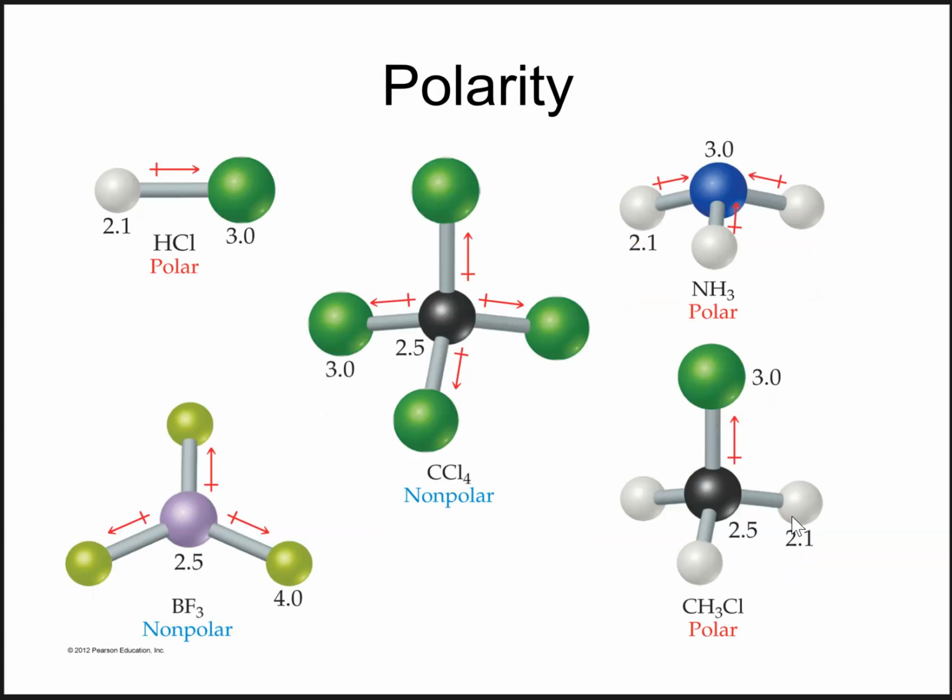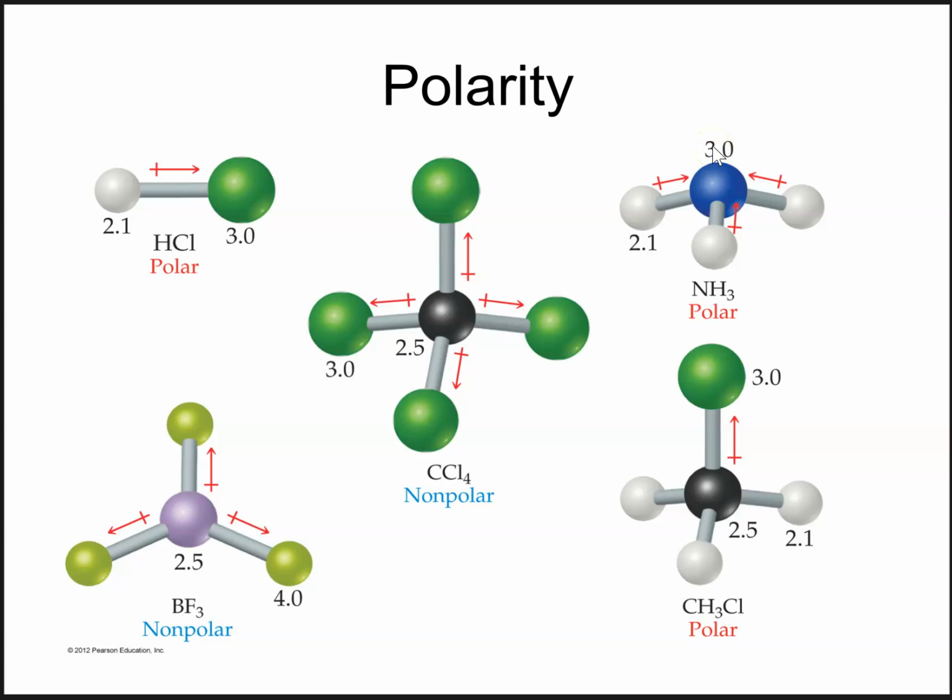However, with something like NH3, ammonia here, we've got 3 hydrogens attached to our blue nitrogen. We have a tug of war, but one side is missing a player, and so the electrons all shuffle towards the side where the player is missing.